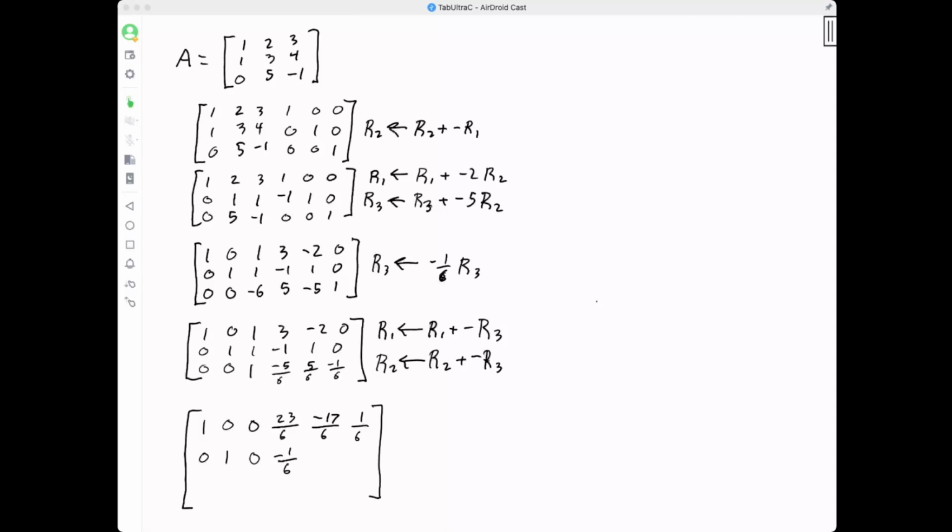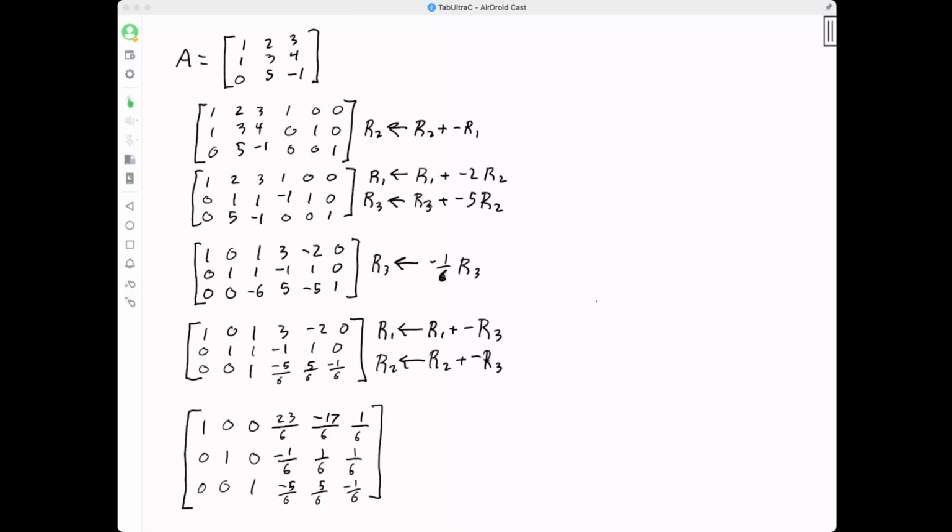And then 1 plus a negative 5/6 is 1/6. And then 0 plus negative 1 times 1/6 is negative 1/6. And then 0, 0, 1, negative 5 sixths, 5 sixths, negative 1 sixth.